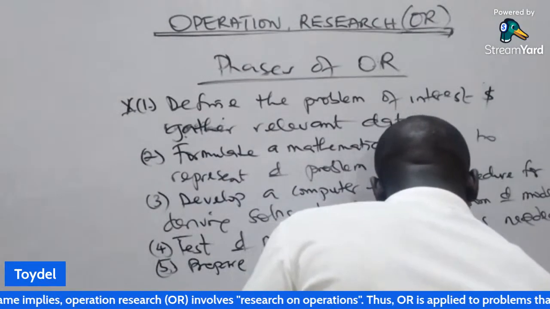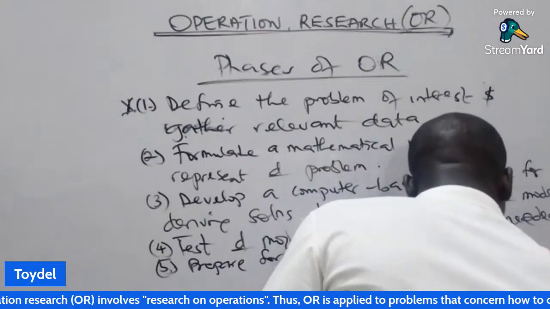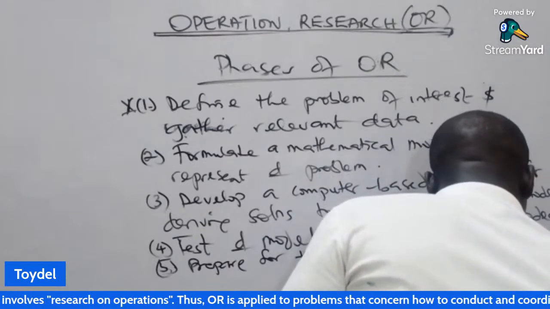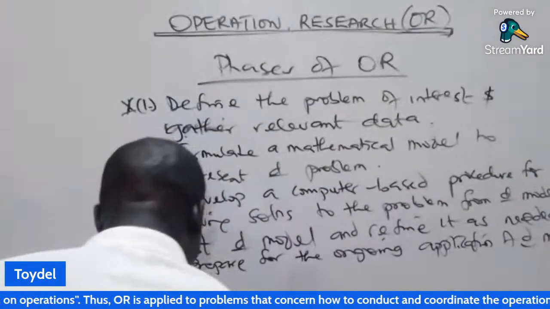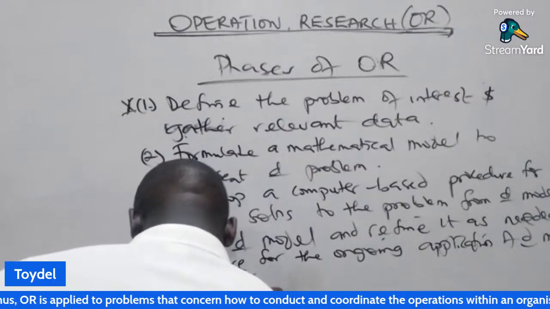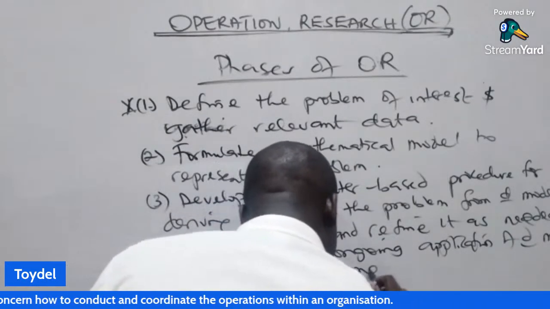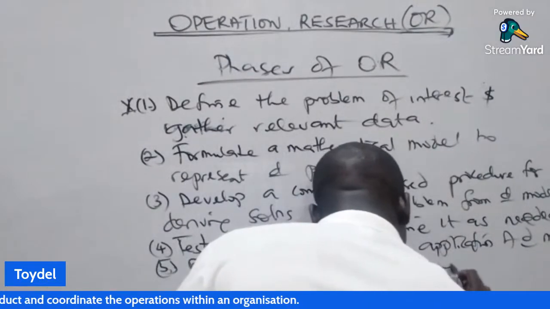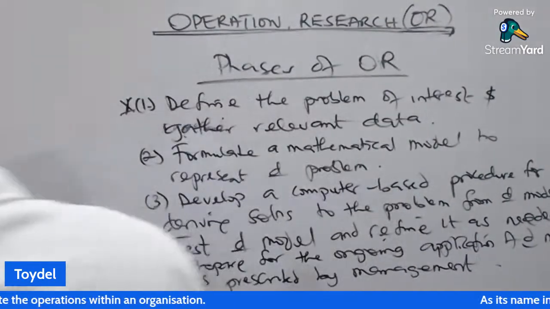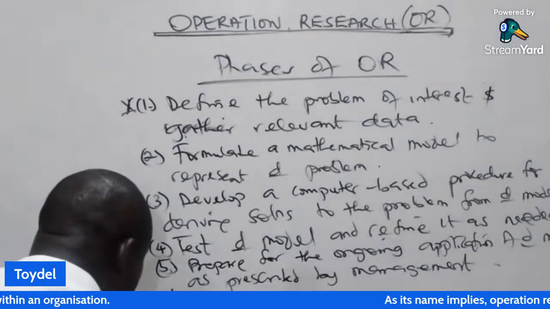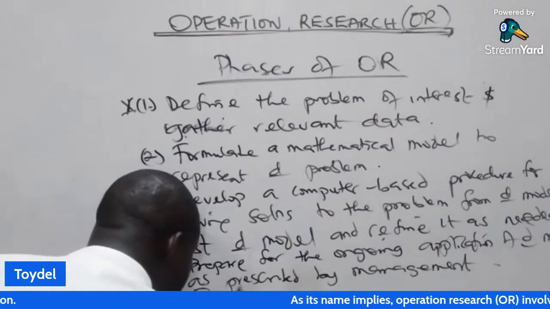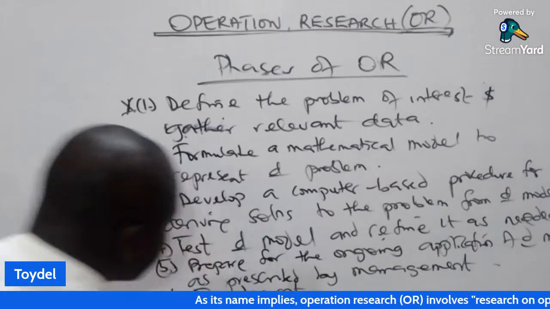We prepare for the ongoing application of the model as prescribed by management. And the last step is that we go for implementation. Then we go ahead and implement.